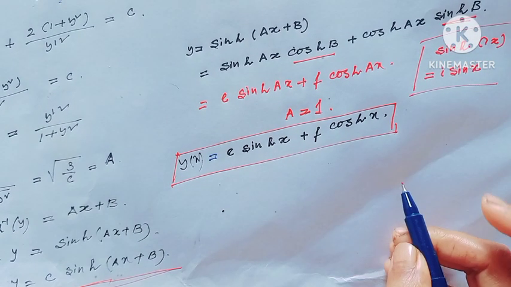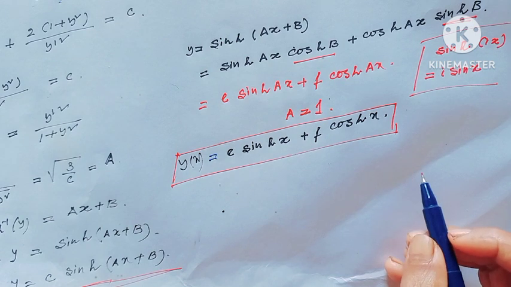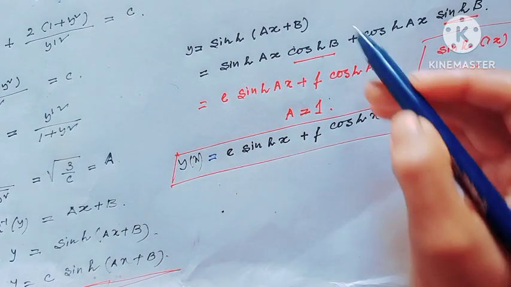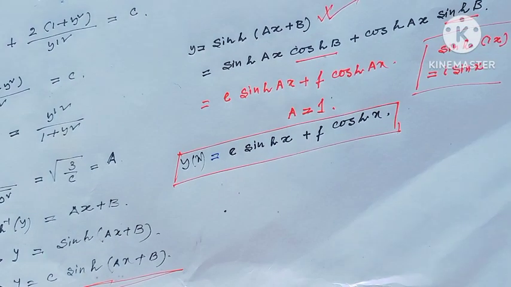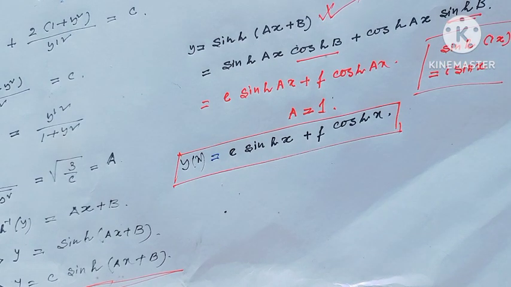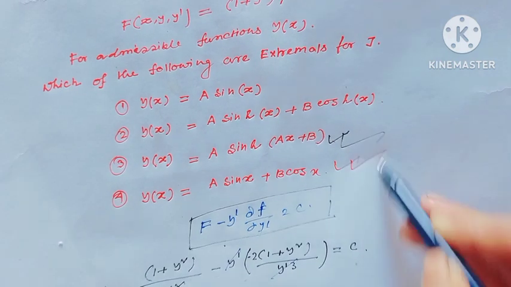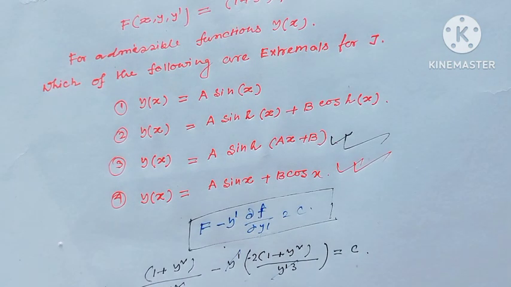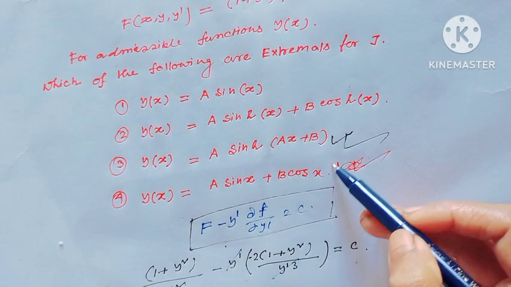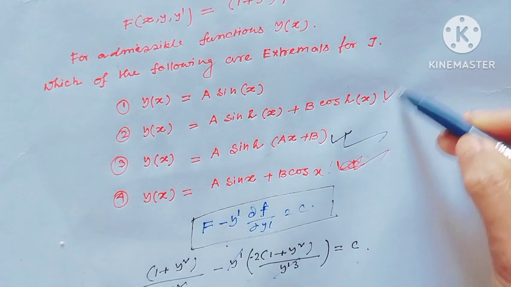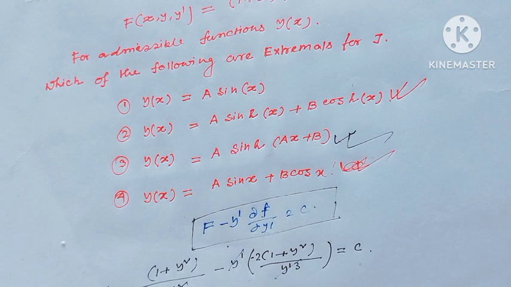This is also an extremal, which I have got as our main extremal of this functional. That means option 4 also right option. Okay, sorry, not option 4, option 2 is a right option.